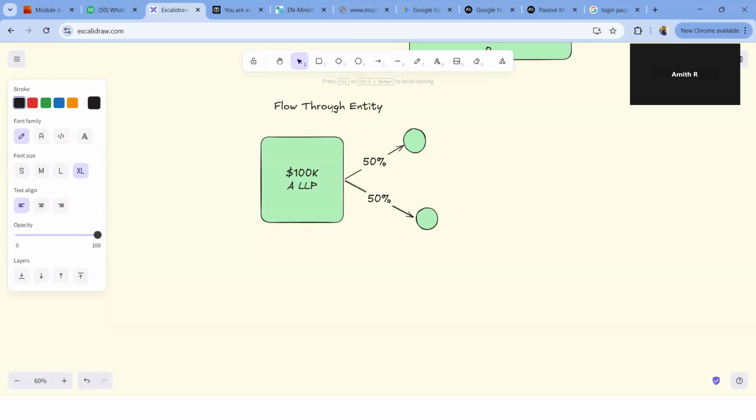It's a flow through entity for tax. It's also called a transparent entity. Am I audible? So this is called a flow through entity or a transparent entity. Can you give me some examples?